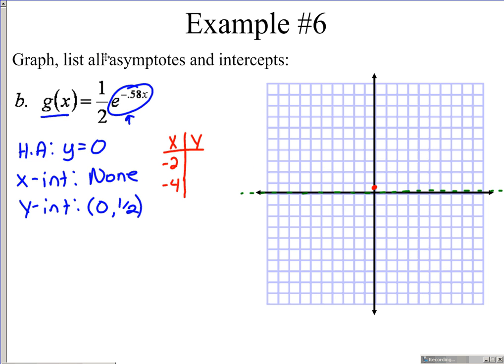So my XY chart, I have 1.595 and 5.088. Plot those points. X is -2. We're up at about 1.5. X is -4. We're up just a little bit more than 5. And there's our graph.